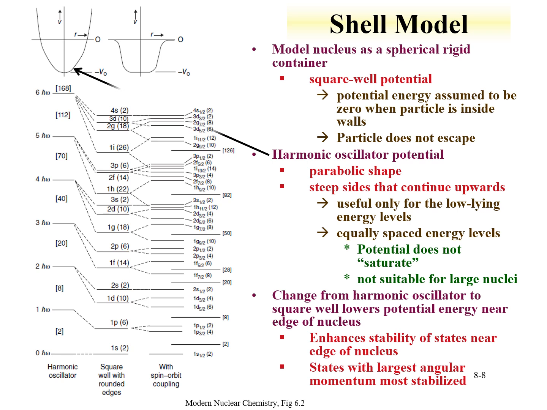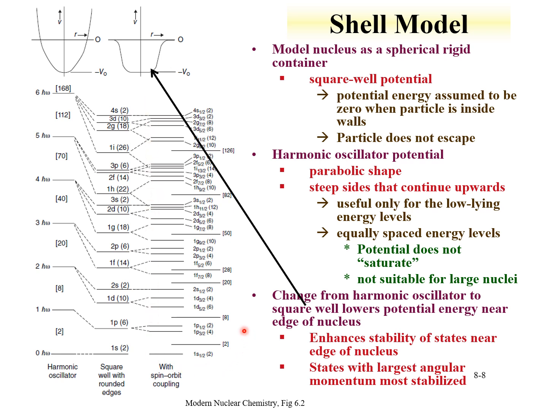If we change the nuclear potential to a square well with rounded edges, as shown here, we enhance the stability of states near the edge of the nucleus, and we see a lowering of the energies, we see a splitting, and then this splitting goes even further when spin-orbit coupling is applied.